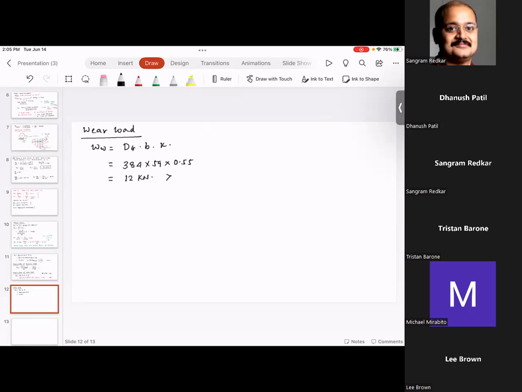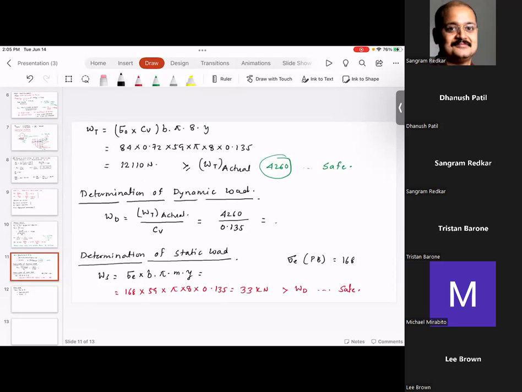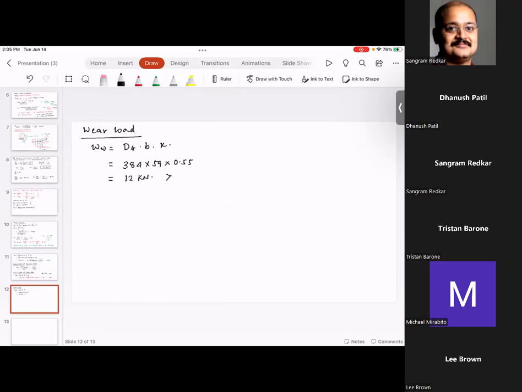And this is greater than WD. So it is safe.